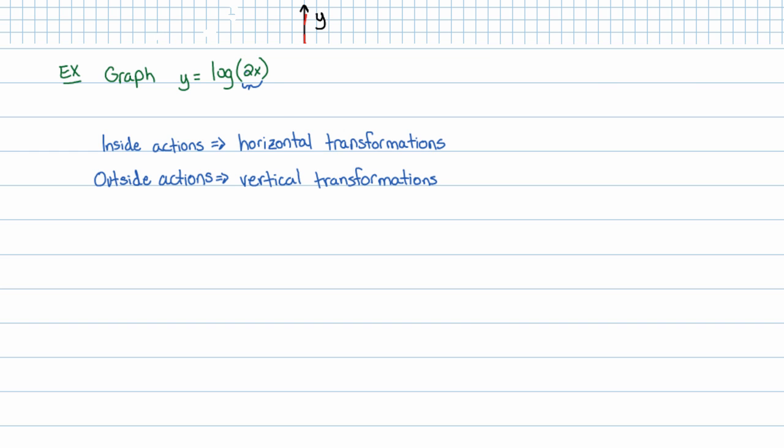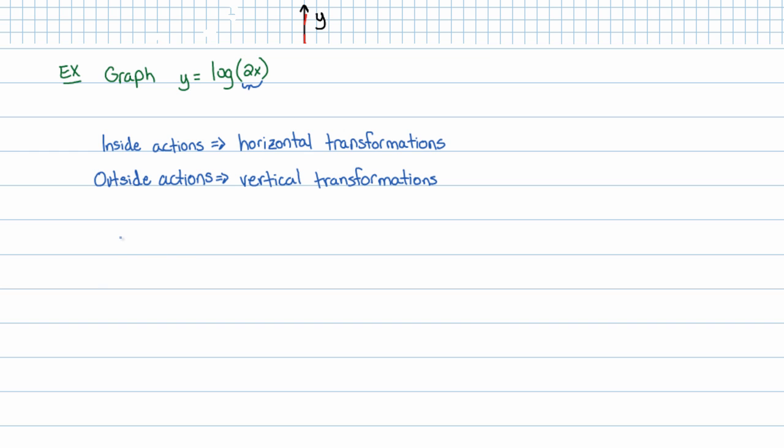Since that 2 is on the inside of our function, this means that we have some type of horizontal transformation, either a horizontal reflection about the y-axis, or a horizontal shift left or right, or a horizontal compression or expansion. Well, if you're multiplying, it implies a horizontal compression or expansion.